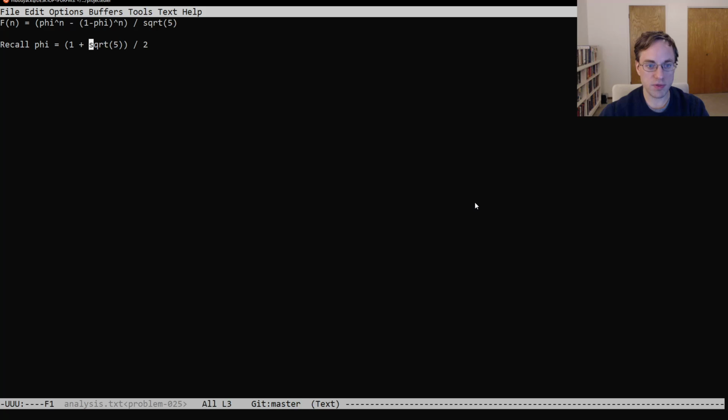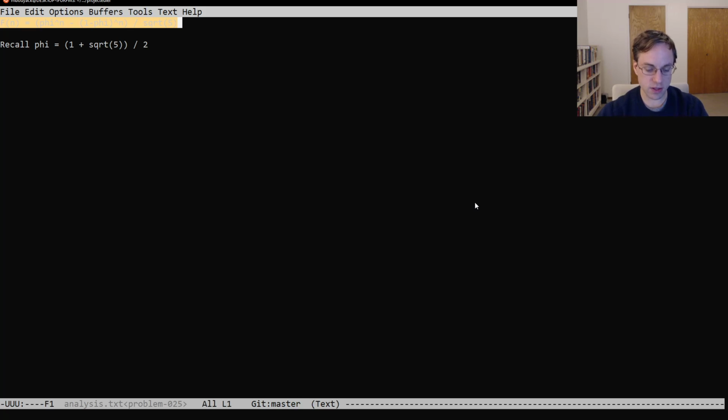You may recall that this equation depends on the constant phi, which is just the golden ratio defined as follows. And so our expression for Fibonacci numbers is just going to be (phi to the n minus (1 minus phi) to the n) all over the square root of 5.